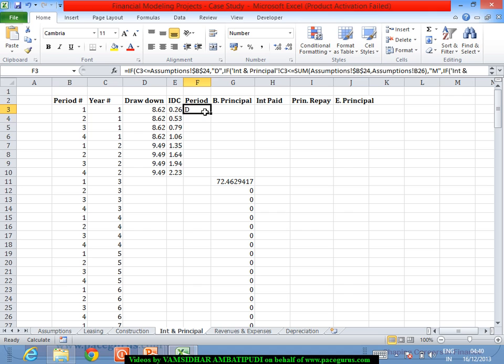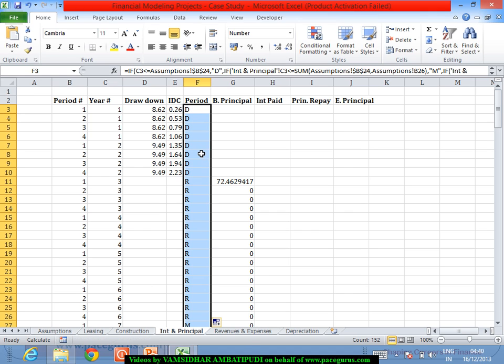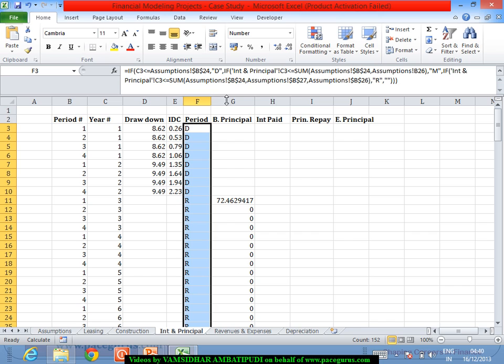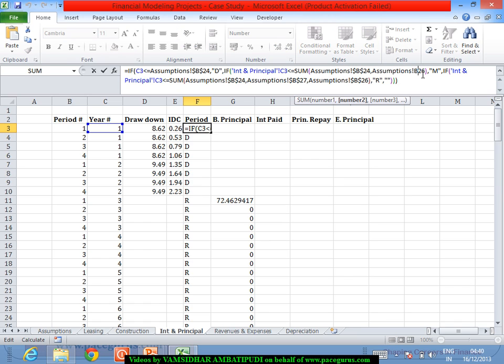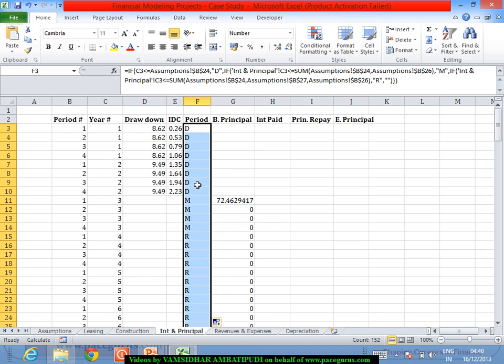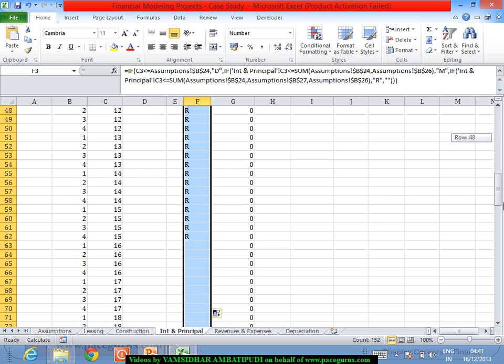So in this case, I will get that this is the drawdown period. Okay, why am I not getting the moratorium period here? Okay, here also I have to put the appropriate dollar. Right, this is something where I have to put the dollar. Now when I am dragging it, I am getting the first 2 years as the drawdown period, the next 1 year as the moratorium period, and up to 15 years I have the repayment period.